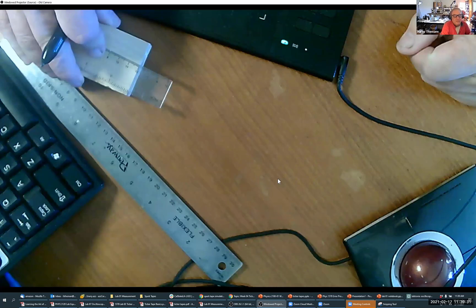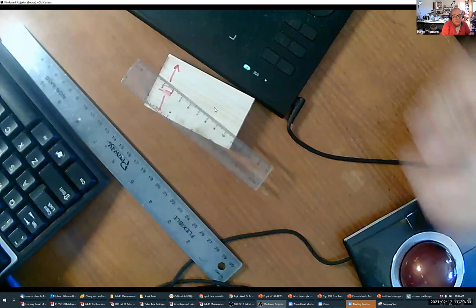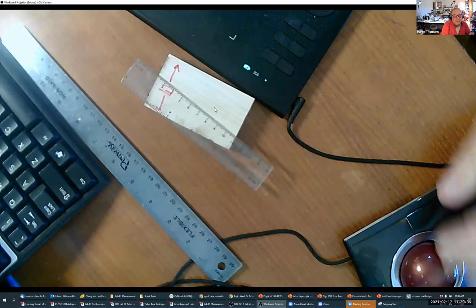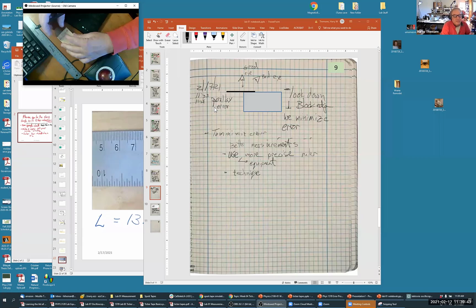Another cool thing about the clear ruler is that this ruler has the markings on the bottom. Wow, so that's really nice. That makes it much better, right? So I can even accentuate the parallax error by putting it with the markings on top.